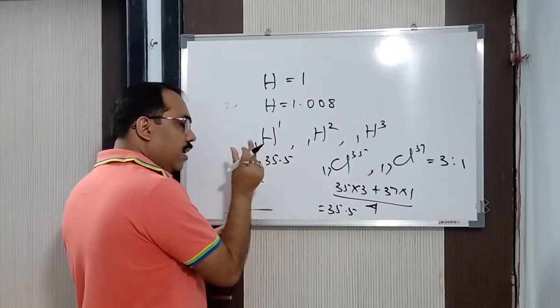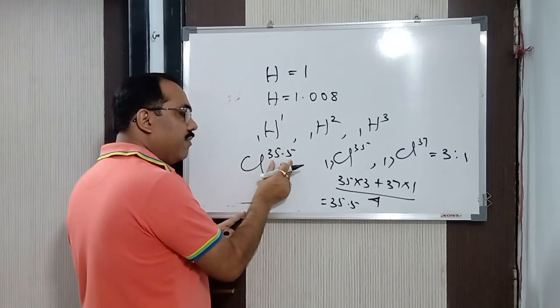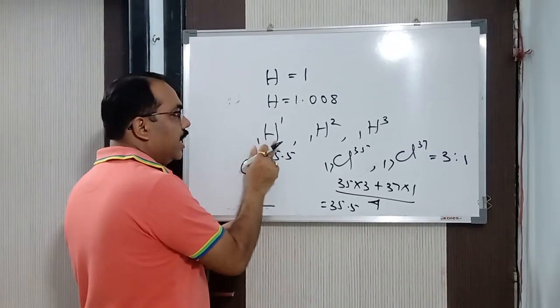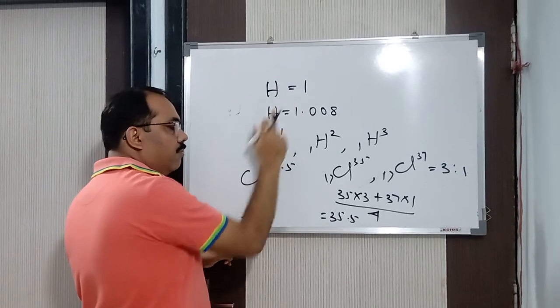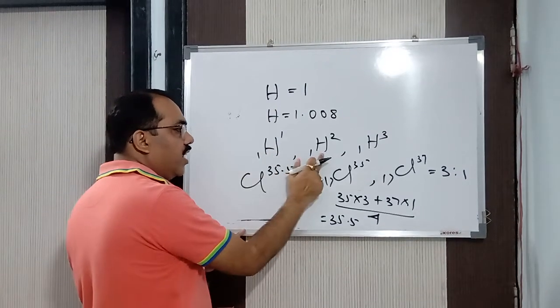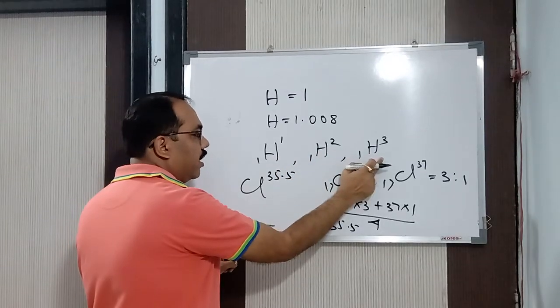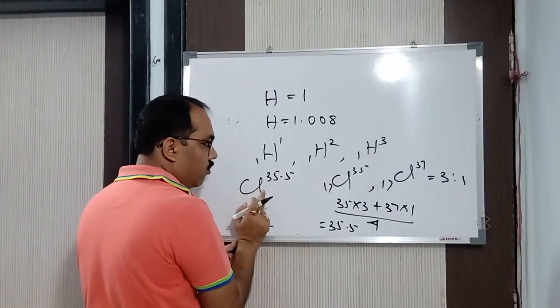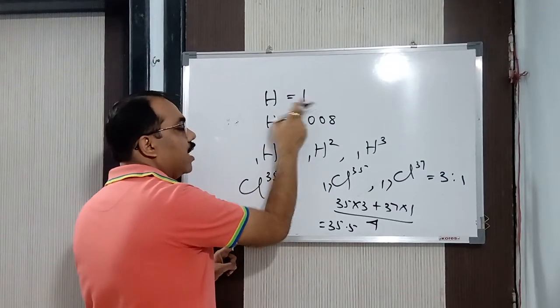So the atomic weight which you are writing here is nothing but the average atomic weight. Similarly, in case of hydrogen, the average atomic weight we take as 1, because hydrogen consists of 3 isotopes, 1H1, 1H2, 1H3, protium, deuterium and tritium, in a particular ratio. When you calculate the average atomic weight, you will get 1.